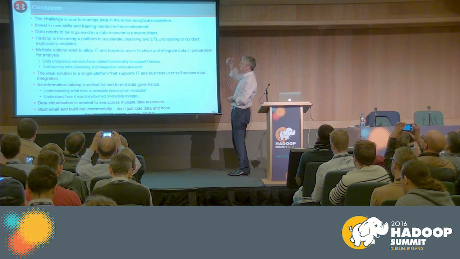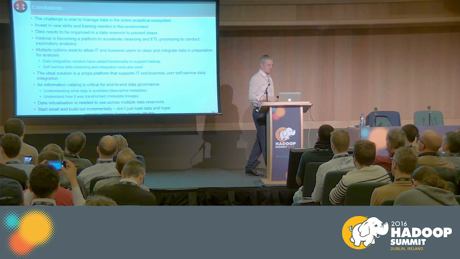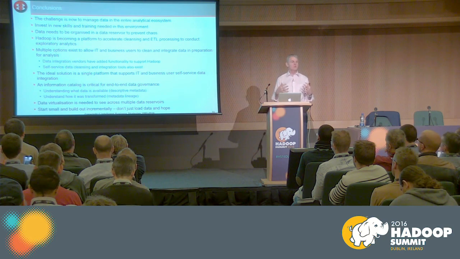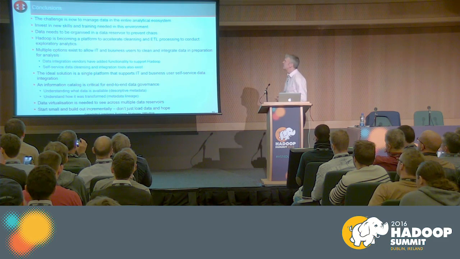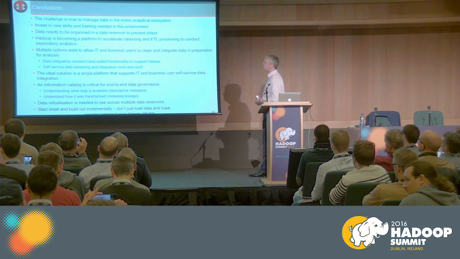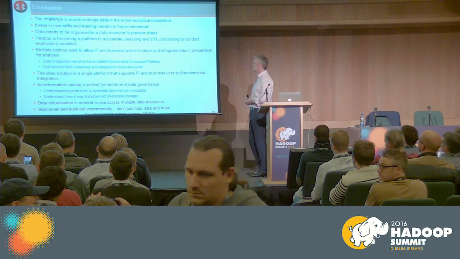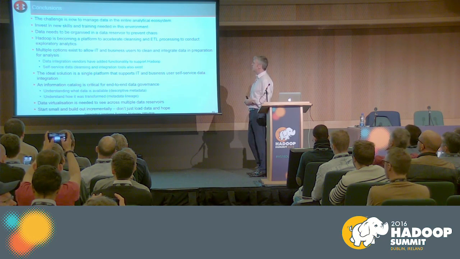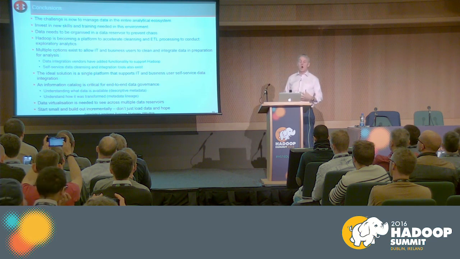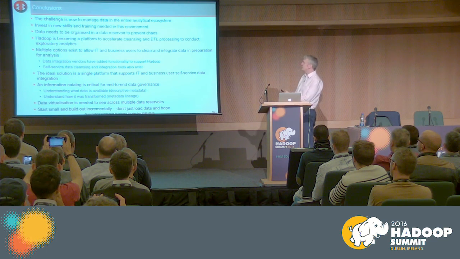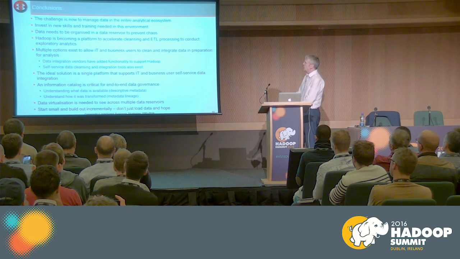So for me, the challenge is now that we've got an analytical ecosystem. We've got to be able to look across a distributed environment, not think about just a centralized one. It's pretty clear already that several of you have got multiple Hadoop clusters plus multiple data warehouses. So we're already in a much more complex state for data governance and data management than we've ever been before, with new data pouring in.